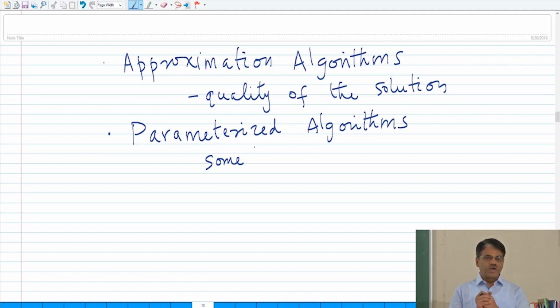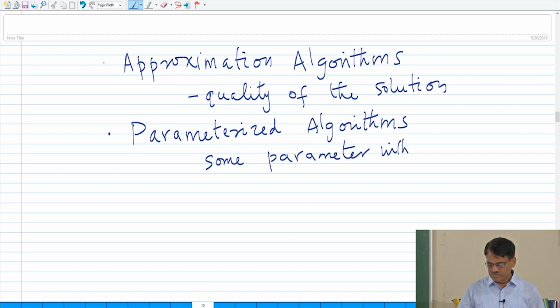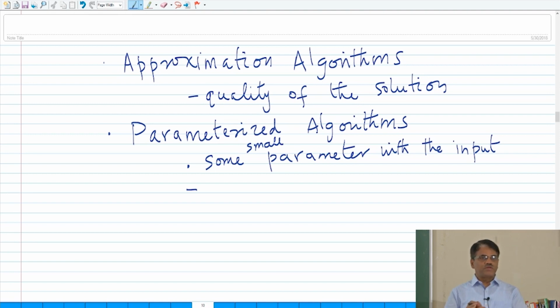So, we will associate some parameter with the input. And then you ask for some small parameter, and I am willing to be exponential on the small parameter, but the rest of it should be polynomial time. So, let us say some k is the parameter associated with the input, and I want an algorithm which is maybe 2 power k plus n cubed or something like that.